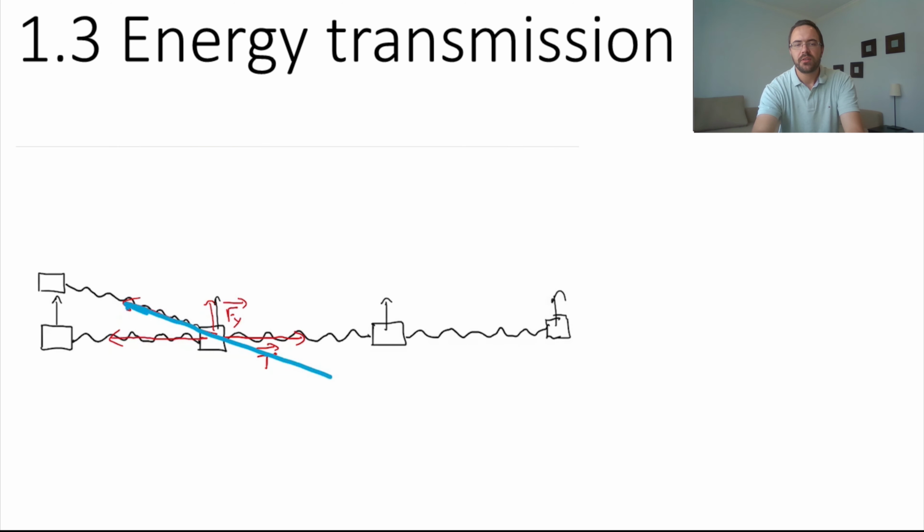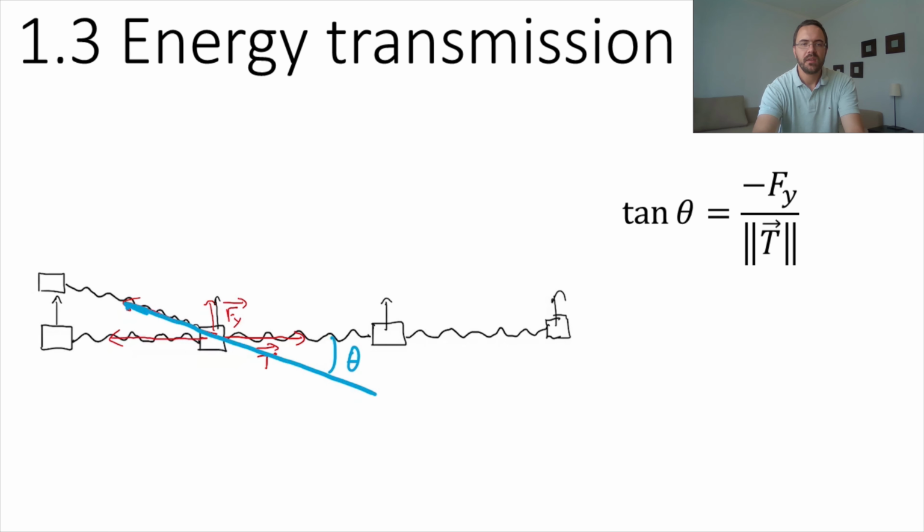Now let's look at the local slope of the string. It makes an angle theta with the horizontal. And remember that tangent theta is equal to the length of the opposite side divided by the length of the adjacent side. So we can see that tangent theta is equal to minus Fy divided by the tension T. At the same time, tangent theta is equal to the slope of the string, which is dy divided by dx.